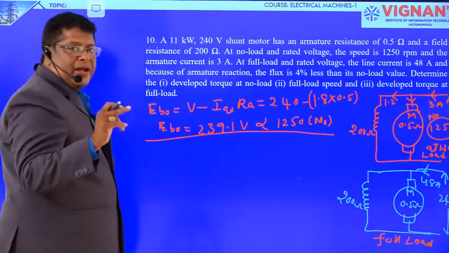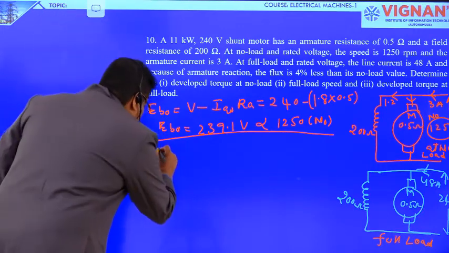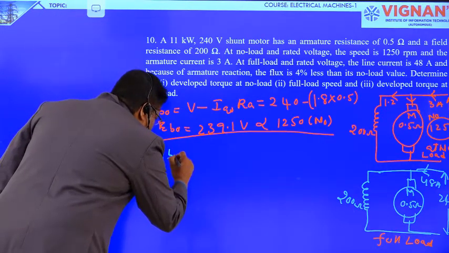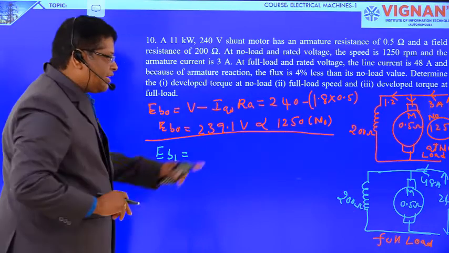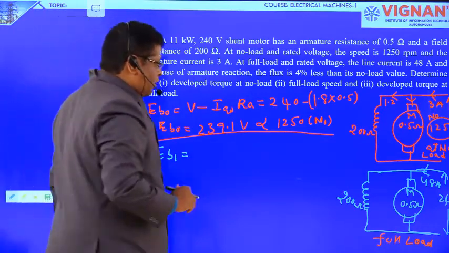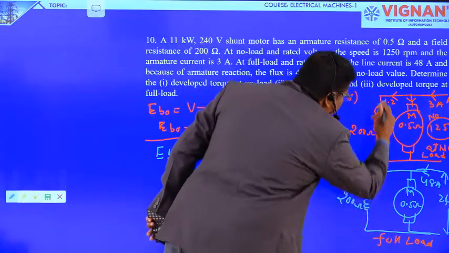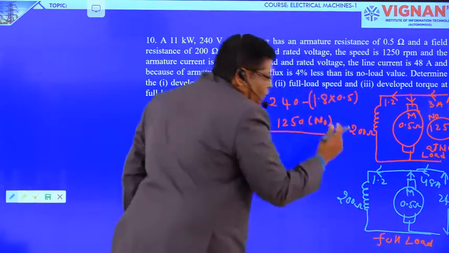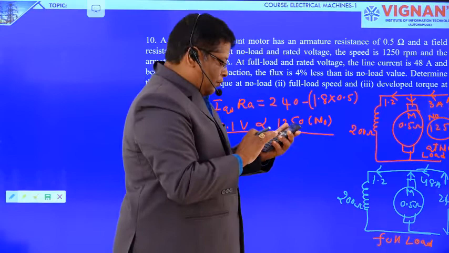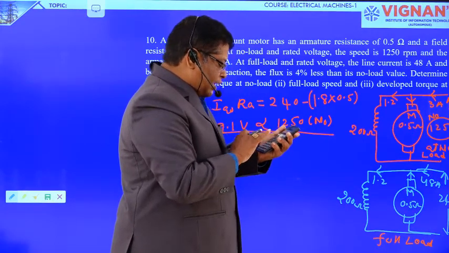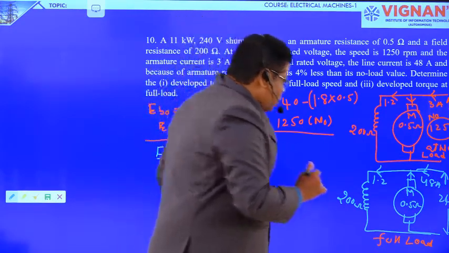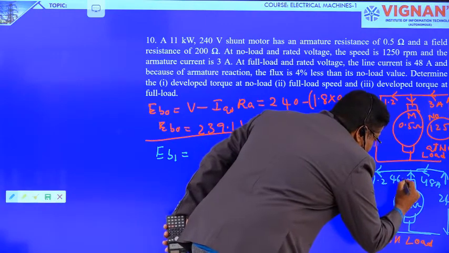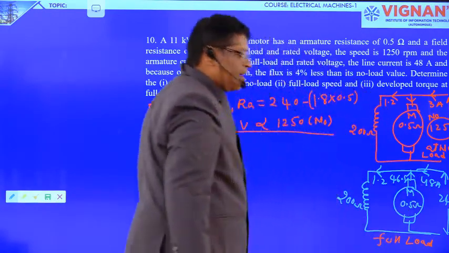Again you find the back EMF in the motor. E_b1, the back EMF at full load, the second case. In the shunt field the same amount of current is flowing, 1.2. Now the armature current becomes 48 minus 1.2, which gives 46.8 amperes.